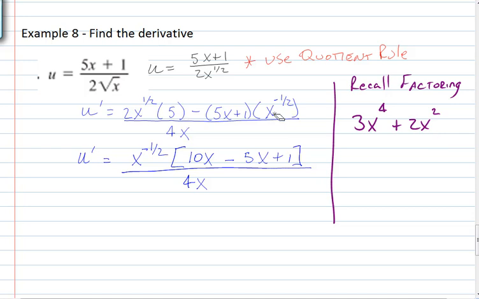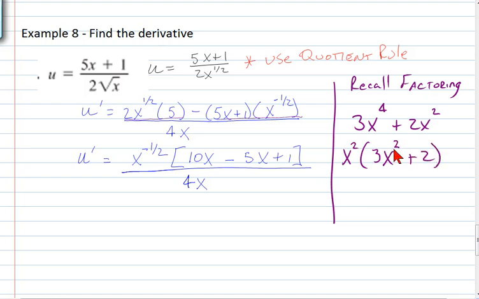Over here, what was our smallest power of x between this term and this term? X to the negative 1/2. I factored out my smallest power of x. So then when you write down what's left over, this is going to be 3x to the 2nd plus 2.